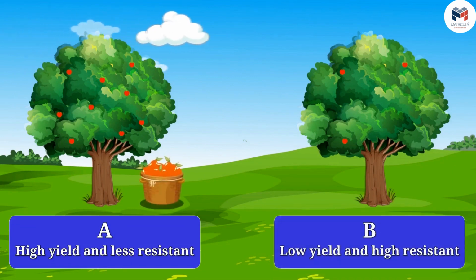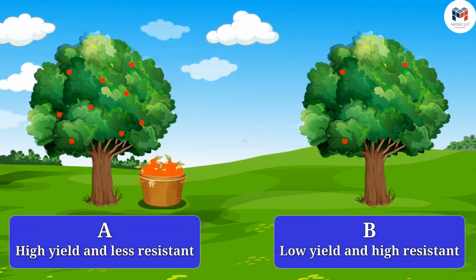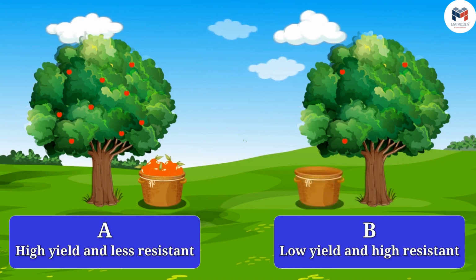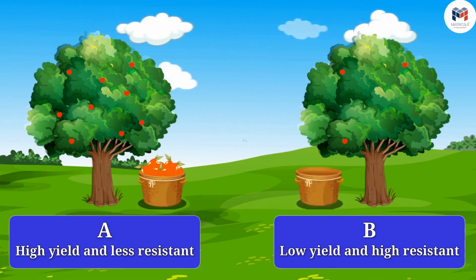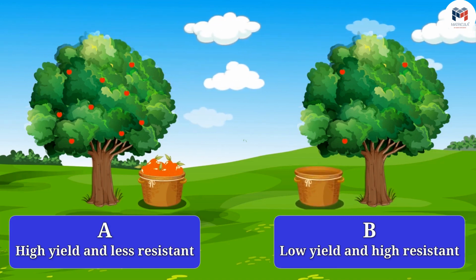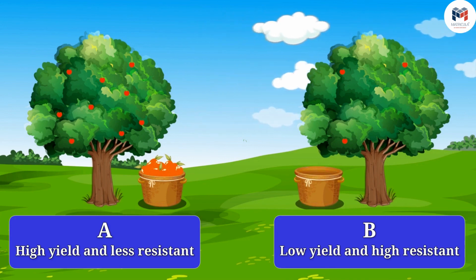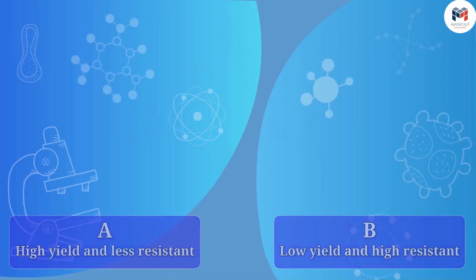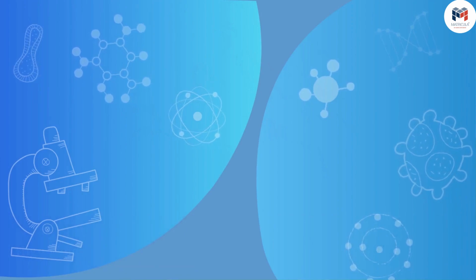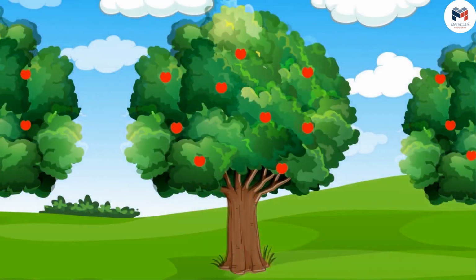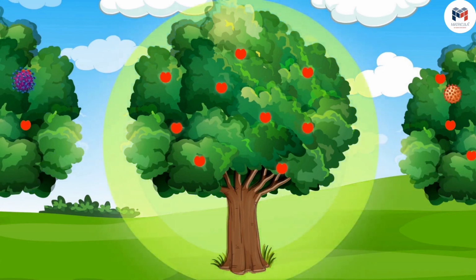Tree A gives high yield and is less resistant towards disease, while tree B gives low yield and is highly resistant to disease. So, what qualities do you need for a good harvest? Just think. A tree which has high yield and is highly resistant towards disease. But how can we get these two properties?